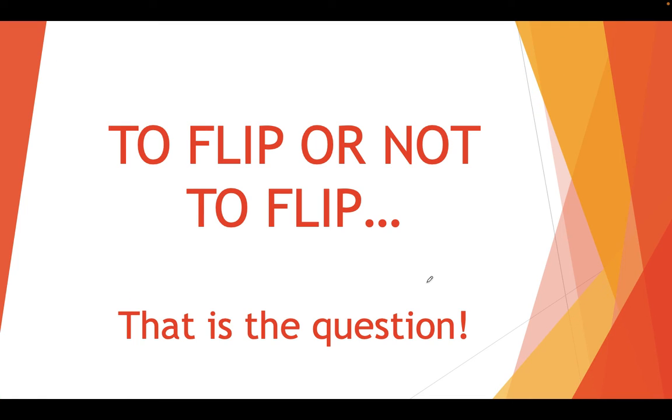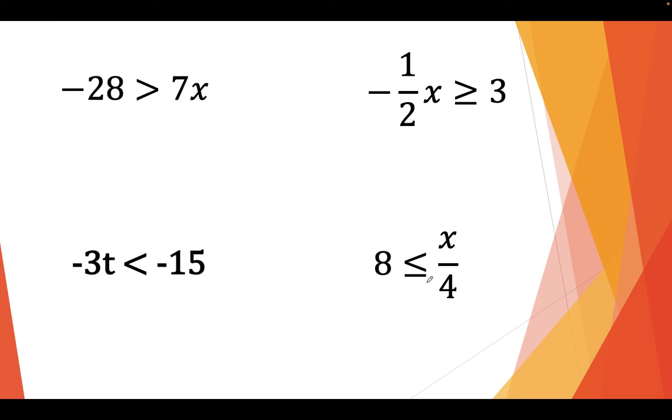Let's take a look at a series of questions and see if we can determine which one would need to have the inequality sign flipped because it is multiplied or divided by a negative. In these examples, this one in the top right and the one in the bottom left would be the ones that would require the inequality sign to be flipped.